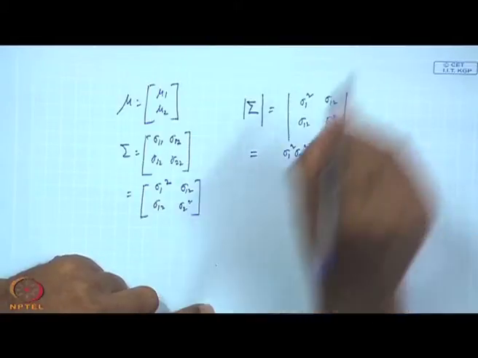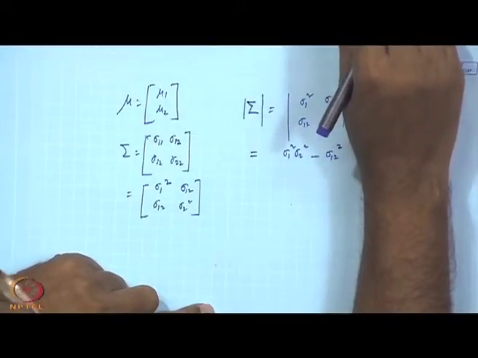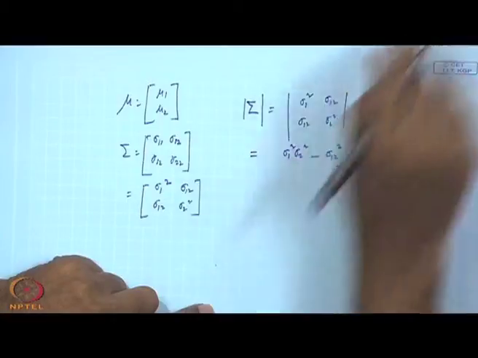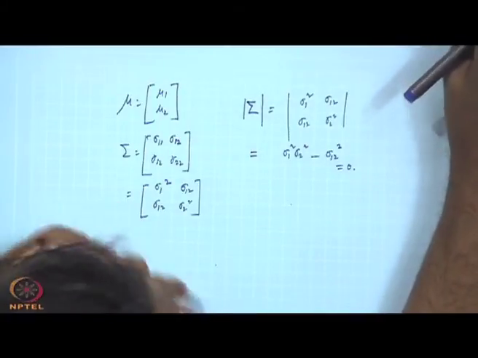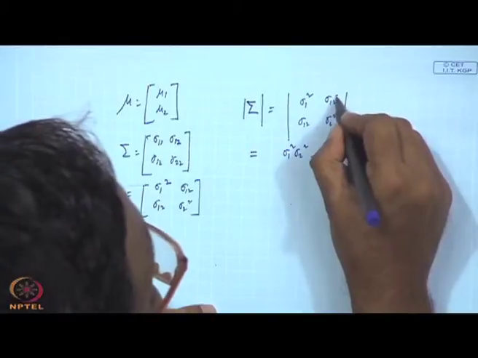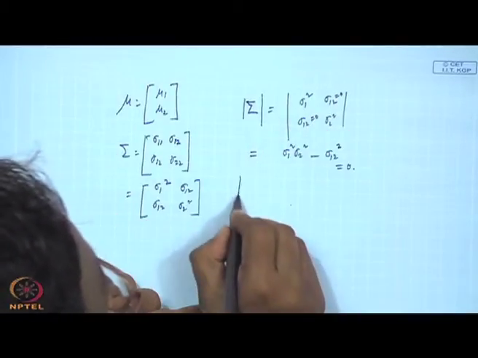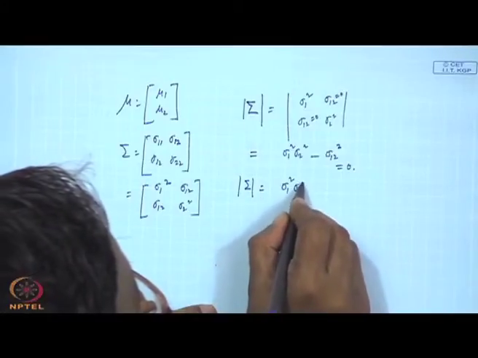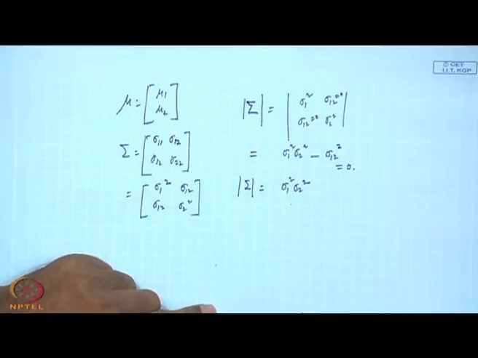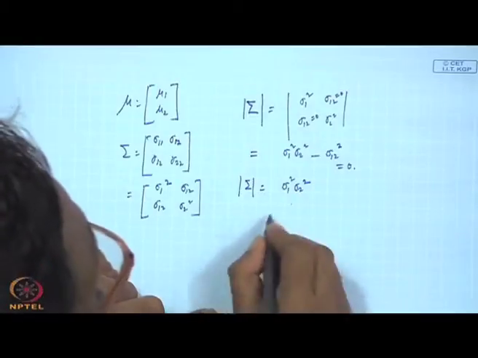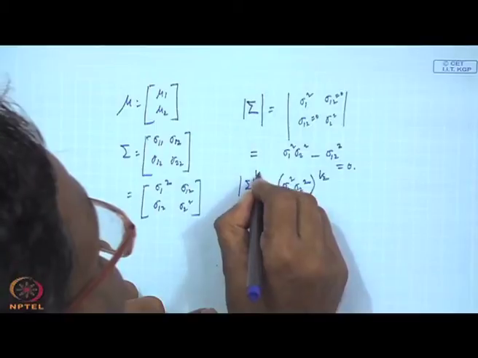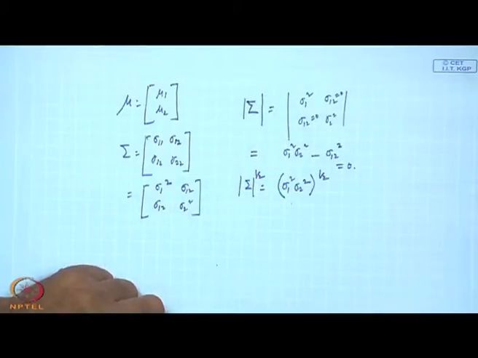Now, in the earlier demonstration we assumed sigma 1 2 equal to 0, just for the sake of simplicity. So, if sigma 1 2 equal to 0, then the determinant of sigma is nothing but sigma 1 square sigma 2 square. If I take the square root of this, then this is the square root of the determinant.